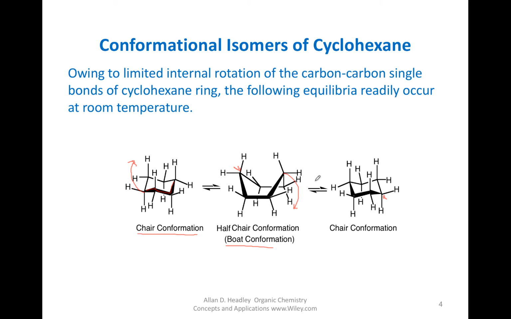And that's because of the internal rotation of the carbon-carbon bond. Remember again, it cannot rotate as much as your open chain alkanes, but there's limited rotation, and that allows for these different conformations.